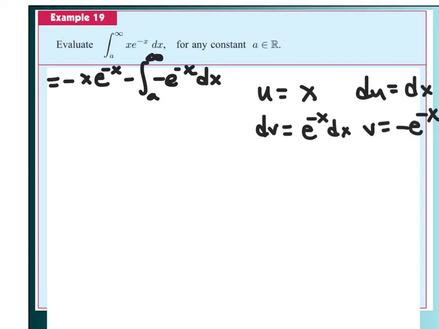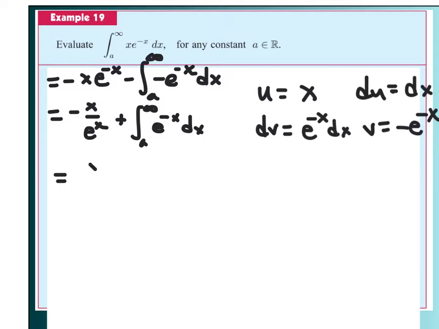I'm going to clean this up. It's going to make a lot more sense here in a second. I'm going to put negative x over e to the x. And then these two negatives I'm going to have cancel. So that would be plus the integral from a to infinity of e to the negative x dx. And all I have to do is integrate now e to the negative x.